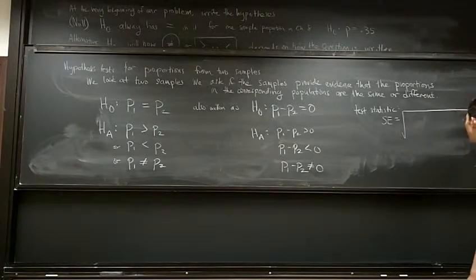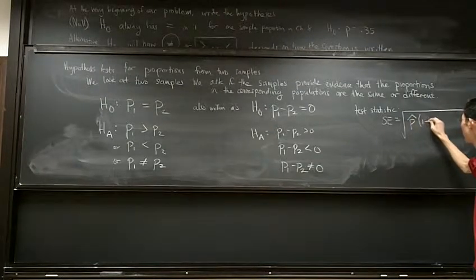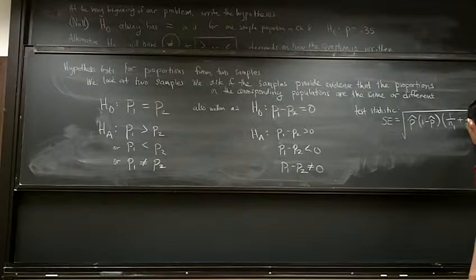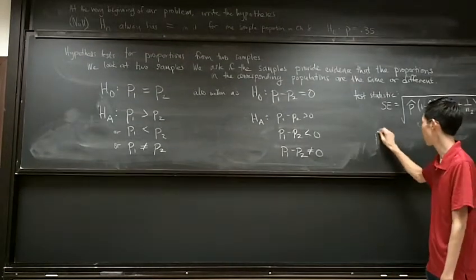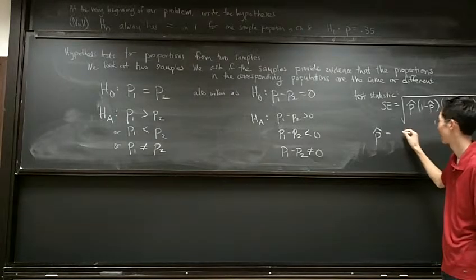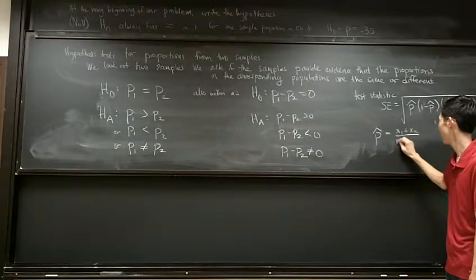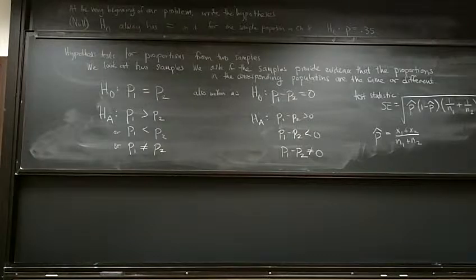It's going to be the square root of p hat times 1 minus p hat, times the quantity 1 over n1 plus 1 over n2. And it gets worse because p hat has its own formula. This p hat is x1 plus x2 over the quantity n1 plus n2. I promise it's not so bad.